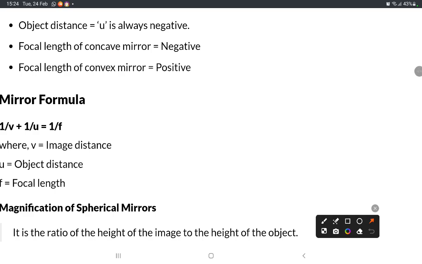So object distance u is always negative.